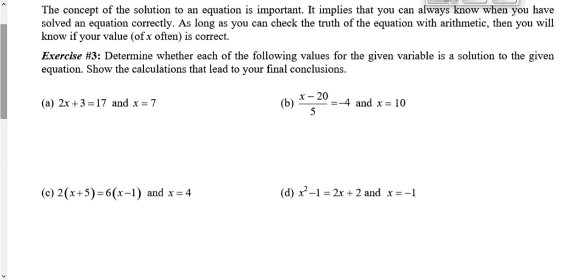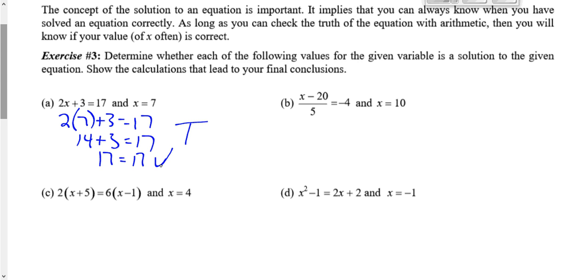So it equals 17. It's true. So it makes it true, right? You plugged in 2 times 7 plus 3 equals 17. 14 plus 3. Yep. So that's true. Just put a C there. Okay? How about for B? Did you get that yet? It's false.